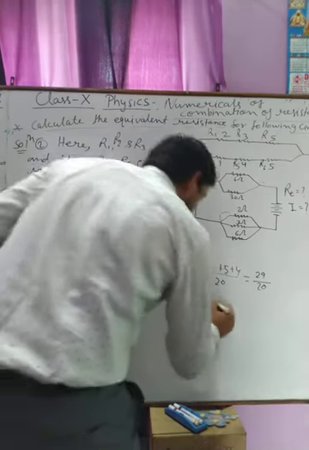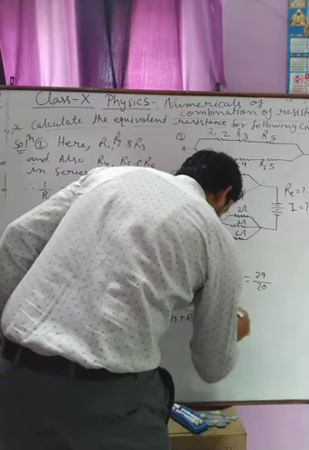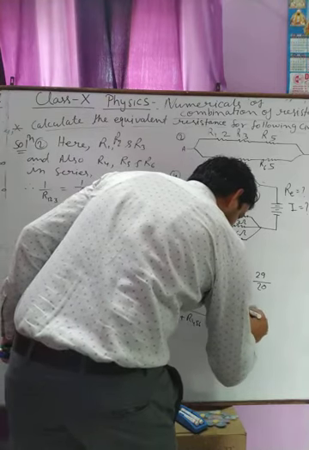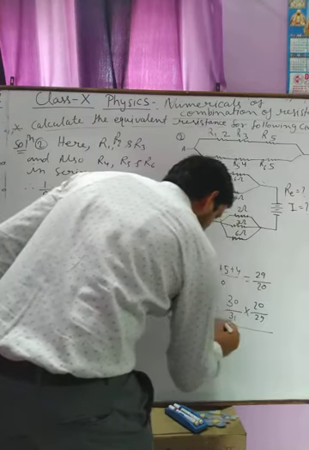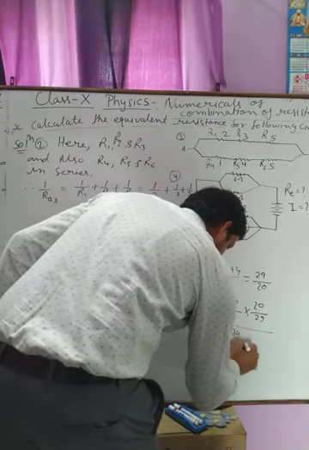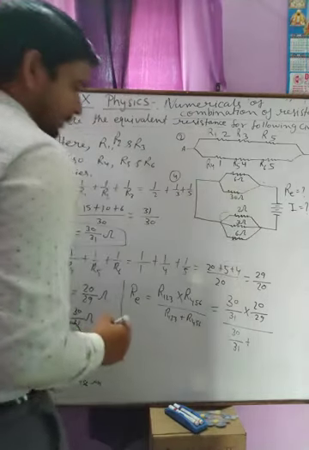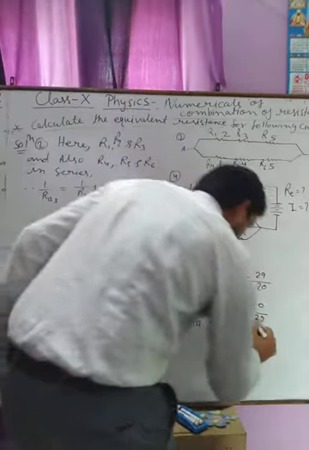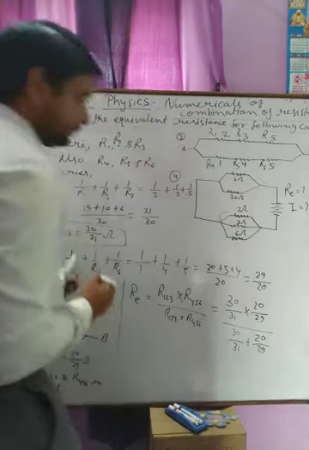That is 30 upon 31 into 20 upon 29 upon 30 upon 31 plus 20 upon 29.